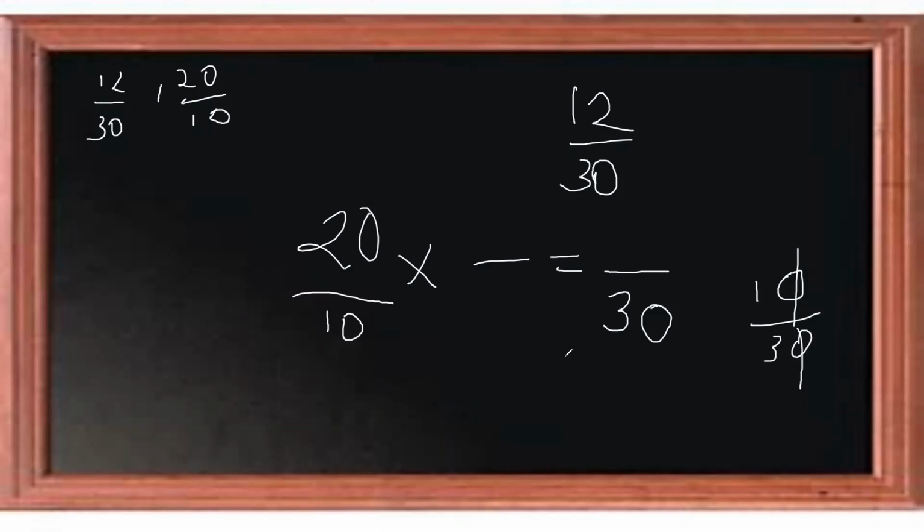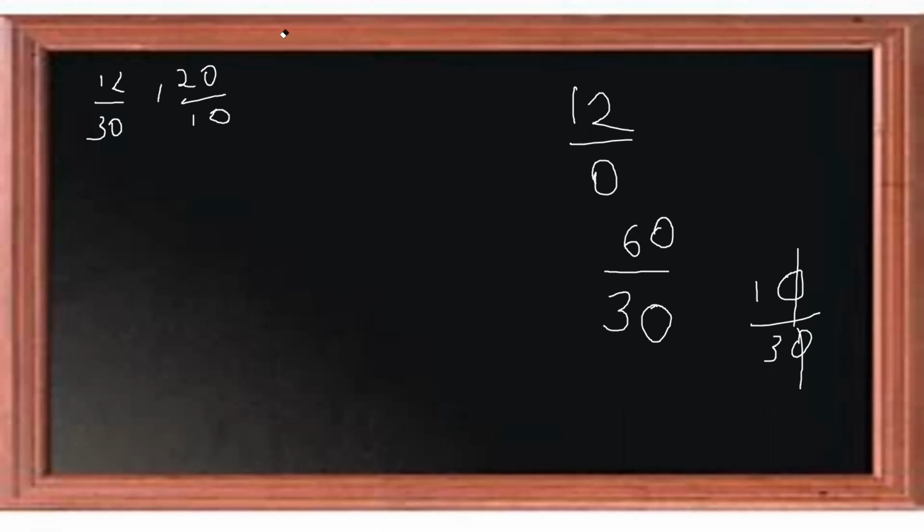If we divide 30 by 10, we will get the answer 3. So here also put 3. So 20 into 3 is 60, right? 60 upon 30. So now we got 60 upon 30 and 12 upon 30.